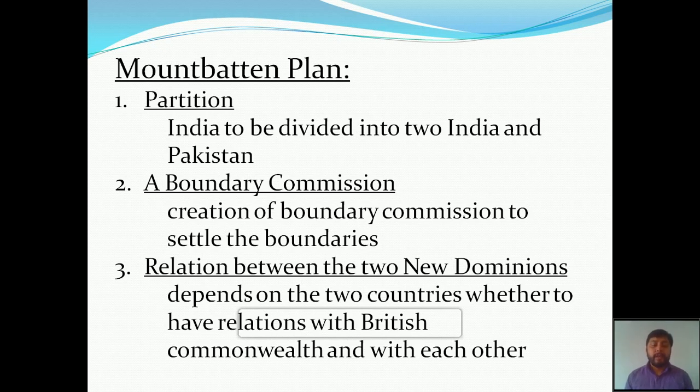Commonwealth means a group of independent nations. So once India is divided into 2 different dominions, both nations will be free and they can decide whether they want to be in relation with Britain or not. So it was the third provision according to the Mountbatten plan.